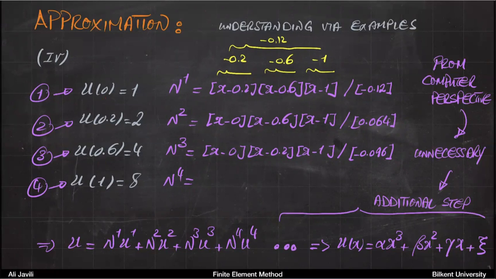So that would be x minus 0, x minus 0.2, x minus 0.6 divided by now 0.32. Okay. So this is basically all you have to do to have this third order polynomial.